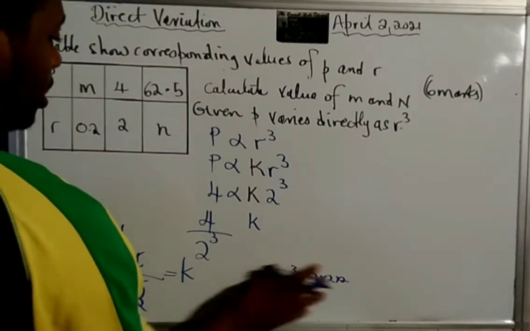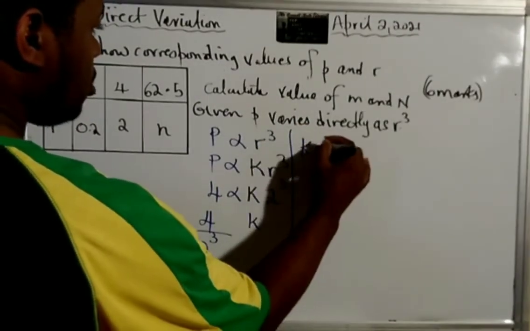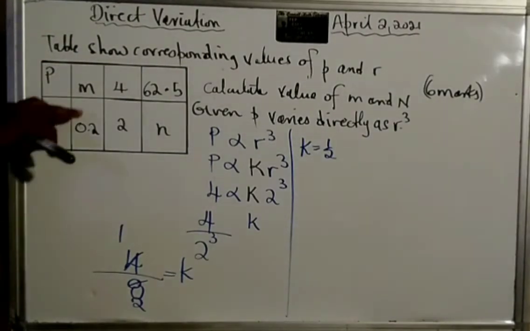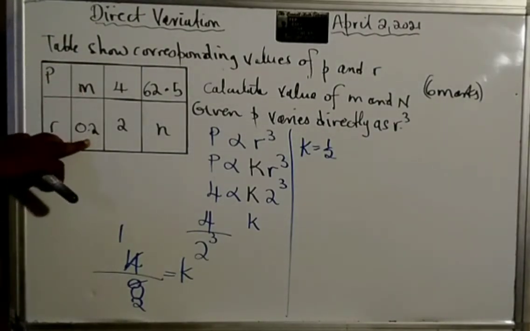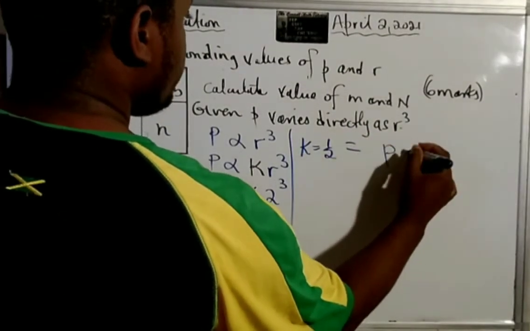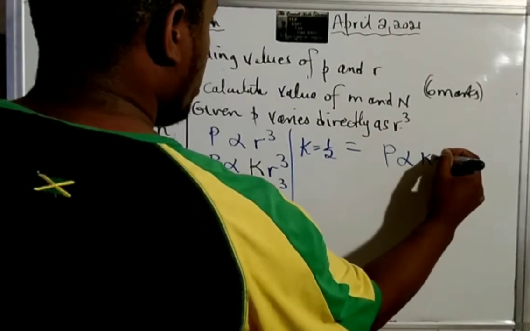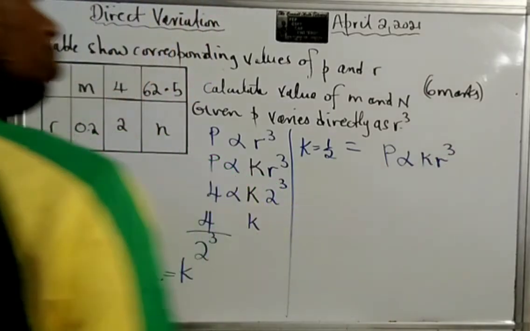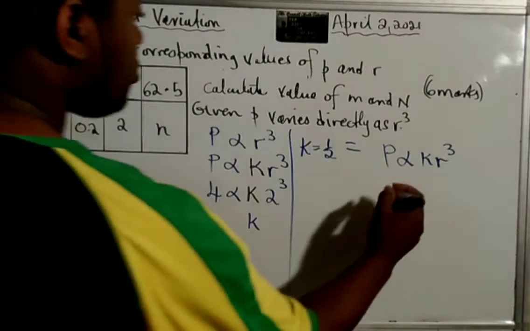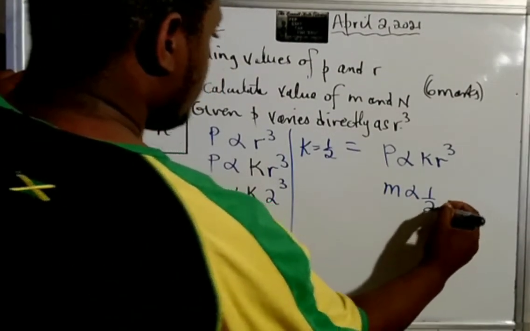Now that we know K is equal to a half, we can substitute the values. We want to find M when R is 0.2. So write back the information: P varies directly to R cubed. We don't know P, so we put M. K is a half, so put a half.